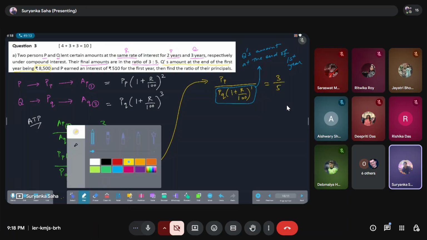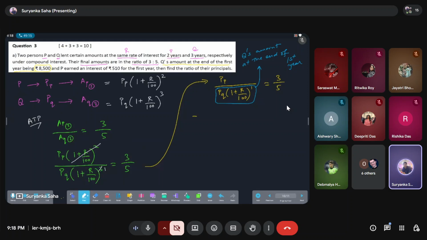So PP by 8500 equals 3/5. From here we will get the value of PP. It is 3/5 into 8500.